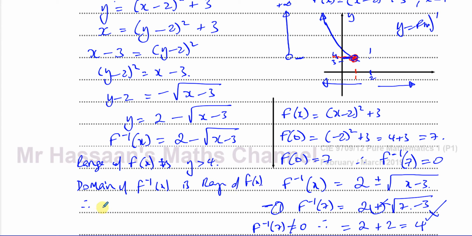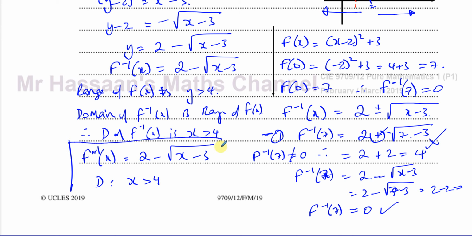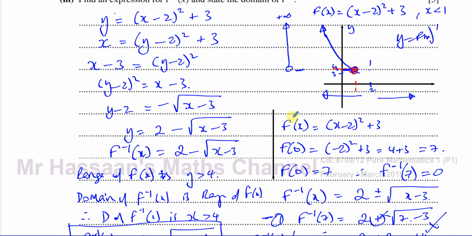So we can therefore say that the domain of the inverse function is x is greater than 4, because we always call the domain x. So our inverse function is equal to 2 minus the square root of x minus 3, and the domain is x is greater than 4. And there's the answer to this part 3 of the question.